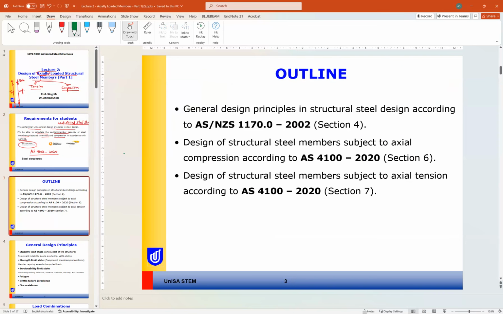The outline of this lecture, or what are the parts of this lecture covered by?